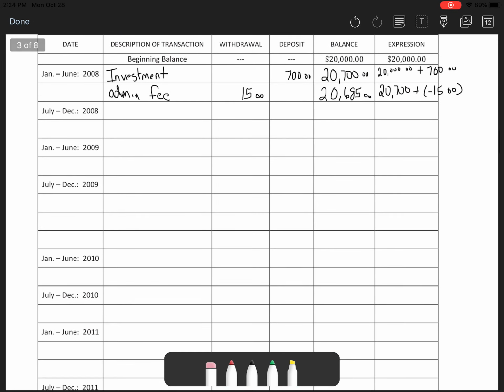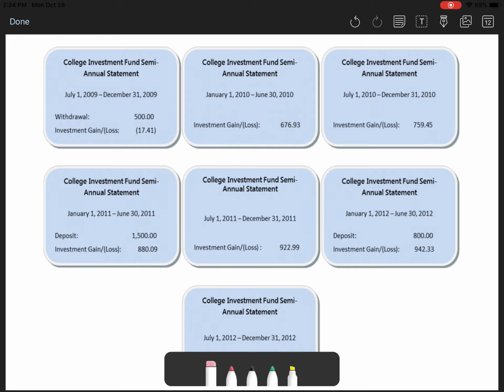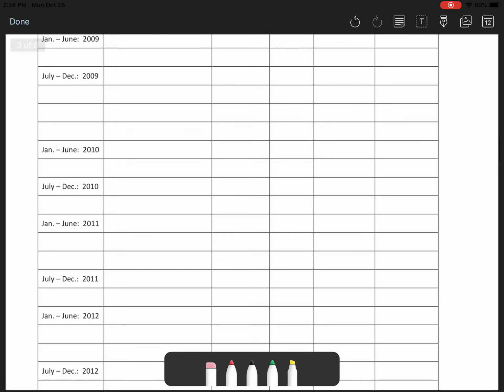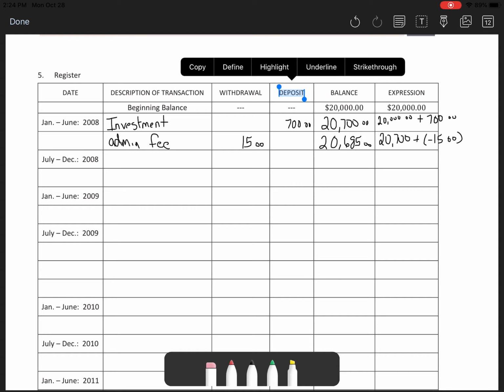So we are going to have a broker's fee of 2% and a withdrawal of $500, and make sure you're doing your math on that one. And then we also have some deposits. On certain lines, this one has 3 months, you'll just write deposit, and that money will go into the deposit line.